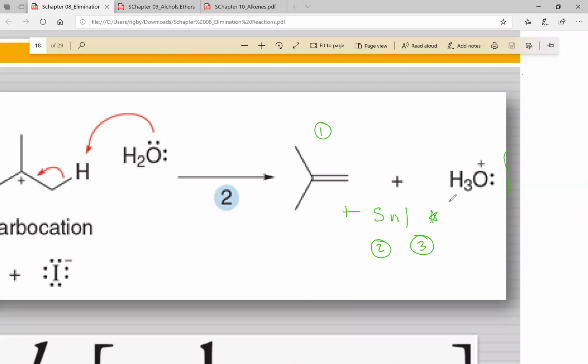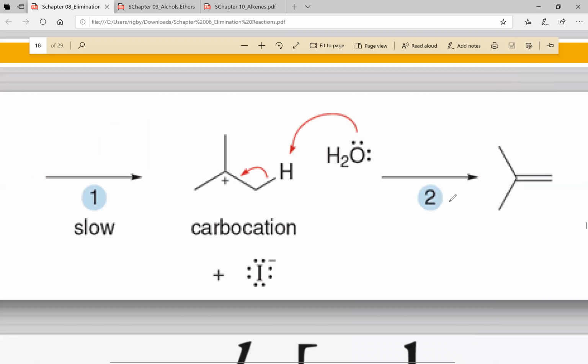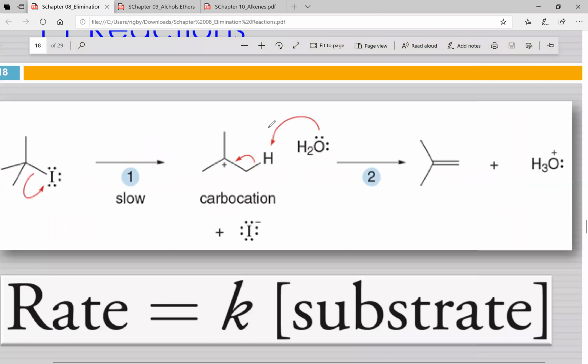So SN1 will make 2 products. The elimination only makes 1, because all of these beta carbons are basically identical and will make the same product. It'll all make a double bond attached to a propyl group. Okay? And I'm sure you guys are about to ask about that, but I hope I answered that question.